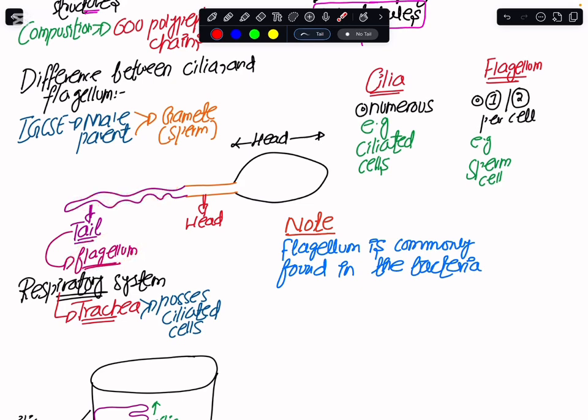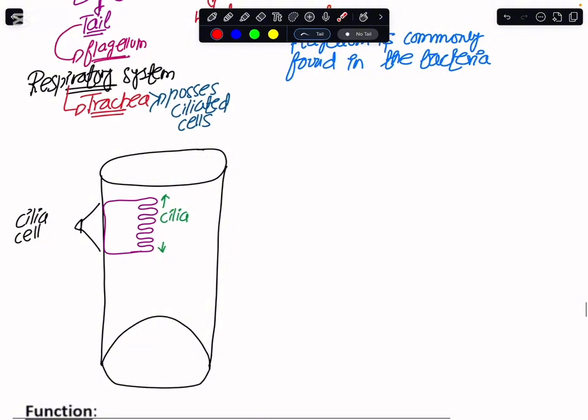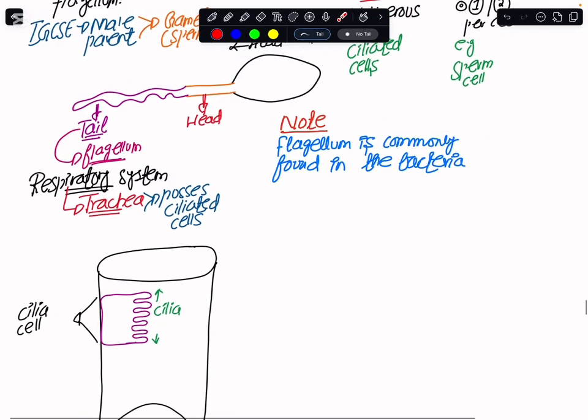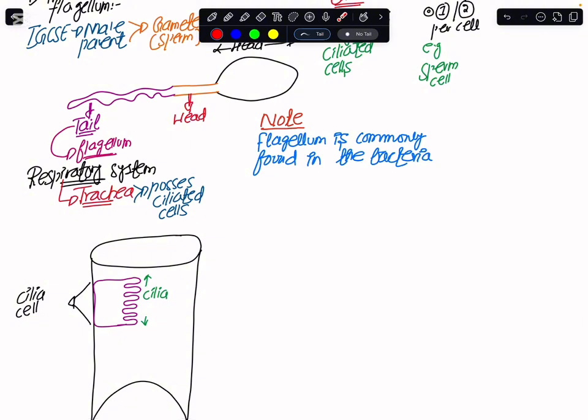Now if I take you to the respiratory system that you have learned in previous classes, you see that we have ciliated cells, and in these ciliated cells we have the cilia. So if you compare these two, the flagellum is fewer, like one per cell. And if I talk about the ciliated cells having cilia, per cell they are numerous in number.